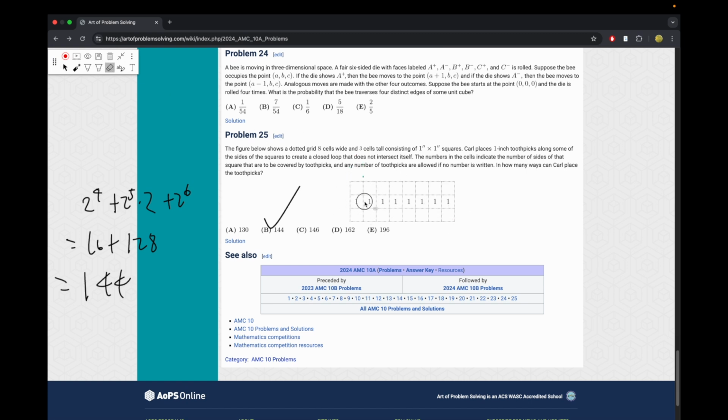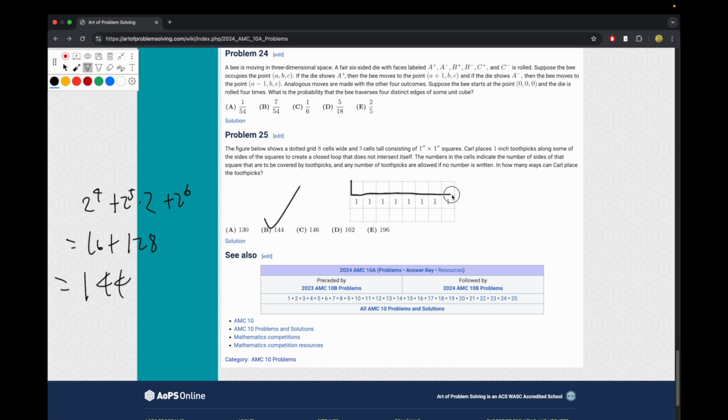So I think the cases that I missed are these. The case when, no, but, oh, okay.